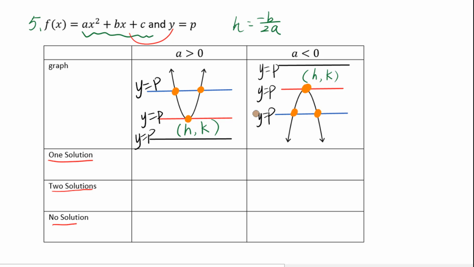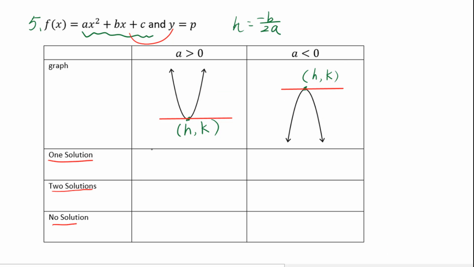In other words, when y equals p is passing through the minimum or maximum point, then there will be one solution. When y equals p doesn't intersect the quadratic function, then no solution. Therefore, when p equals k, then there is one solution for these two functions.